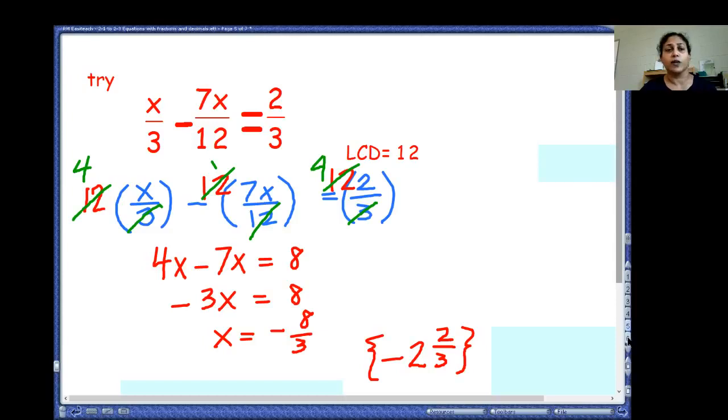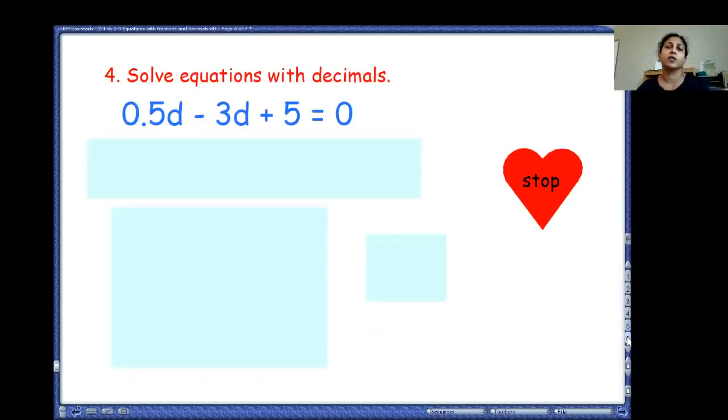Moving on, we now solve equations with decimals. You need to remove the decimal in this equation in order to solve it properly. Now, since this is an equation, you can multiply each term by the same number and nothing changes. The balance in the equation still remains there.